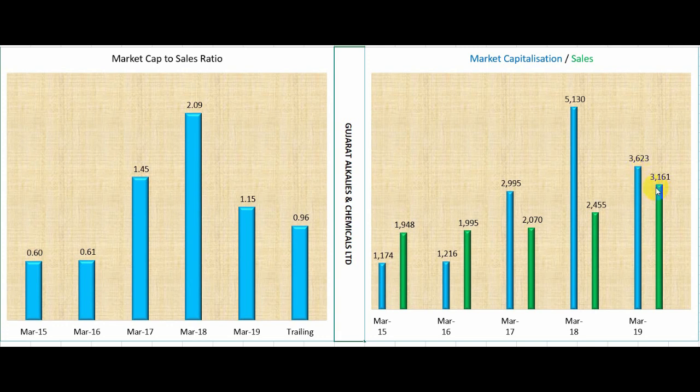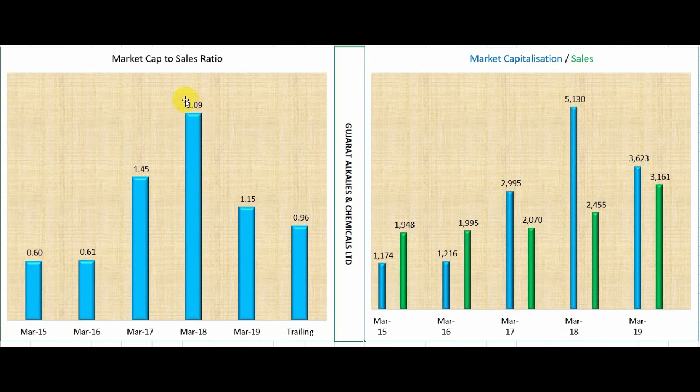We want to buy into a company when the market cap and the sales are very near to each other. For example, in March 18, the market cap increased to 2 times the sales. That is, market cap was around 5,130 crores and the sales was 2,455 crores. So that's a multiple of 2.09.